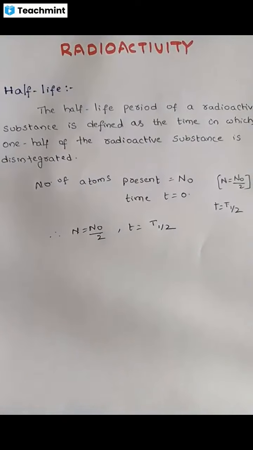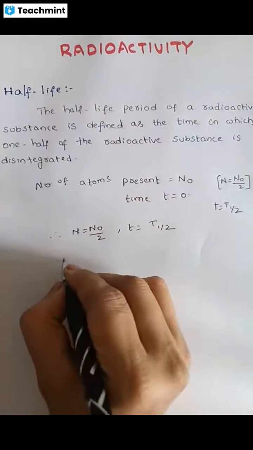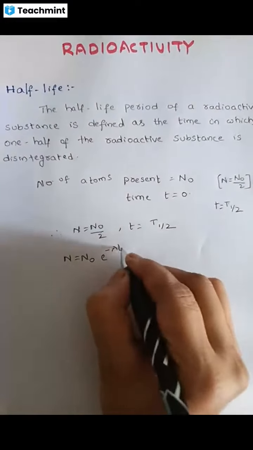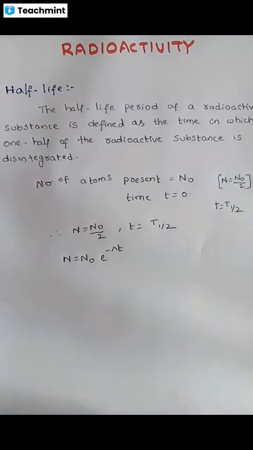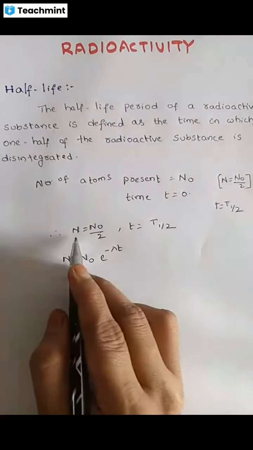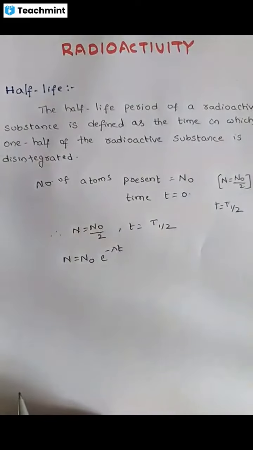We know the formula that N is equal to N naught e power minus lambda t. So substitute the values of N and t in this equation.